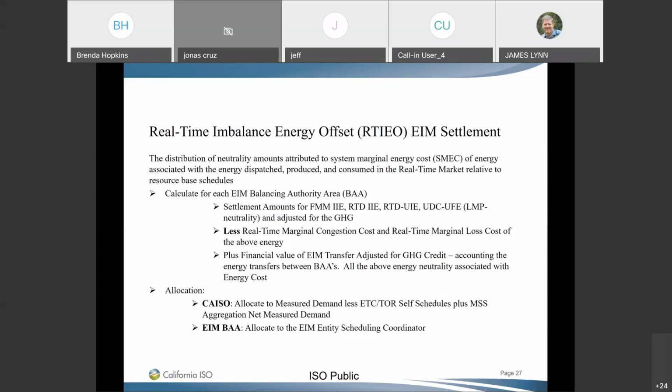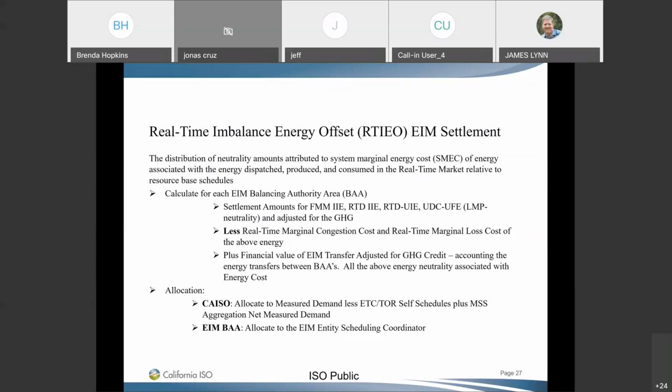What I mean is, if some of that transfer is going to ISO but some of it's also going to another balancing authority area outside of California, I have to account for that energy by applying the greenhouse gas price. Because that generator's going to get paid the LMP, which includes the greenhouse gas, and then it's going to sync to a load that also includes that greenhouse gas price.